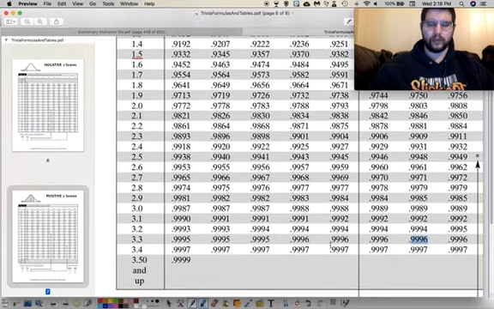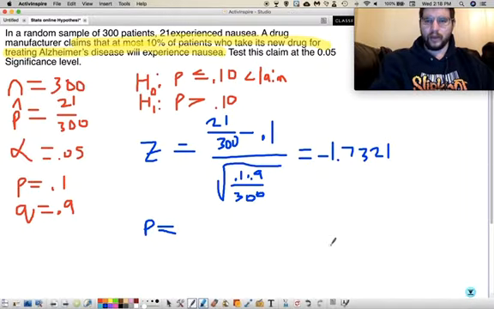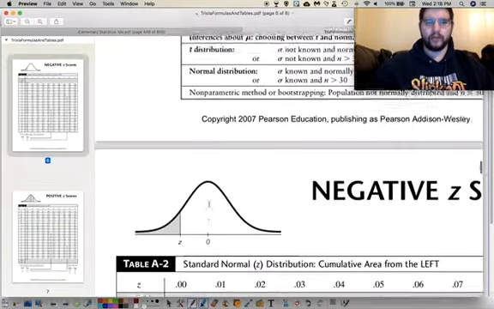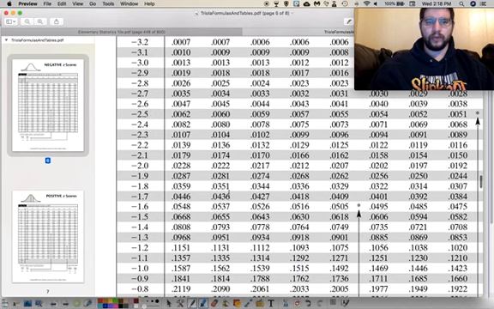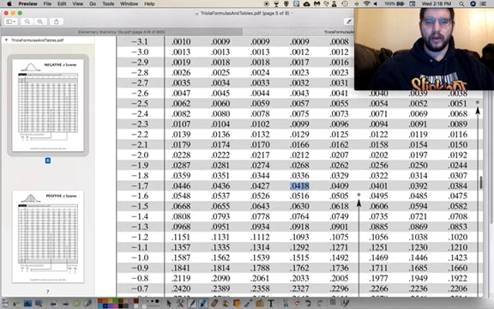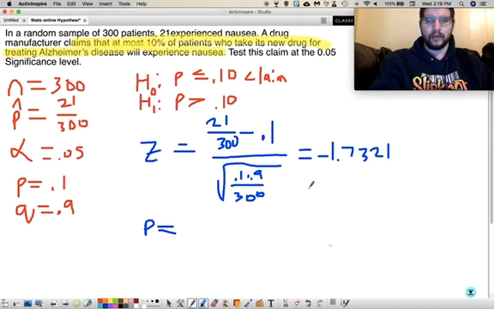So here we go. I forgot the number. Negative 1.73. Okay, 0.0418.